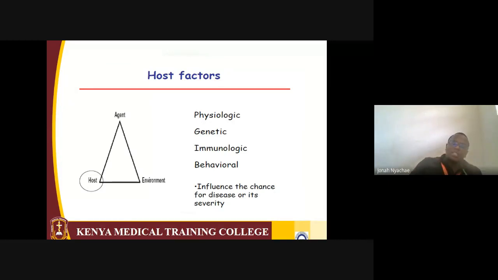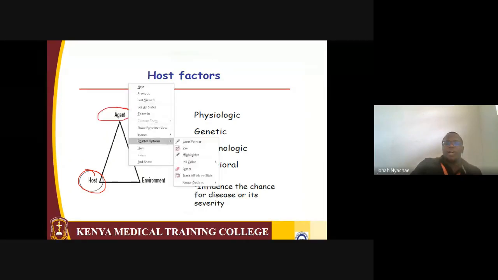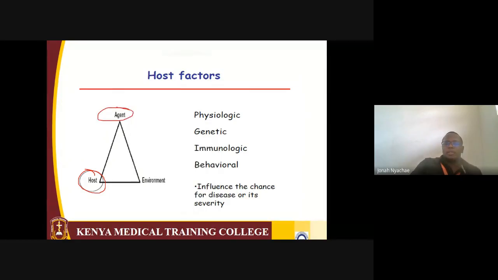So now let us discuss the components in the epidemiological triangle. We begin first with the host. The host influences the chances of disease or its severity. The host could be you, it could be me, it could be an animal. It harbors a disease-causing agent.